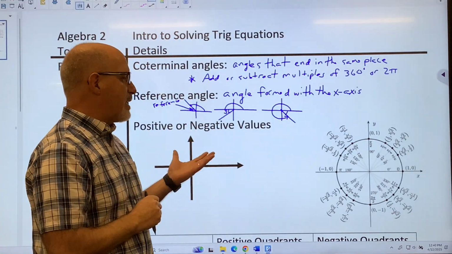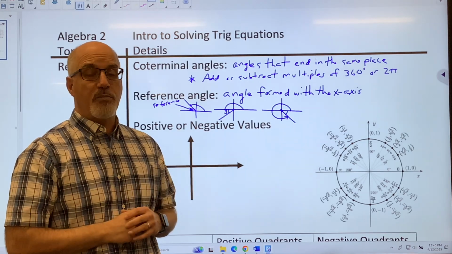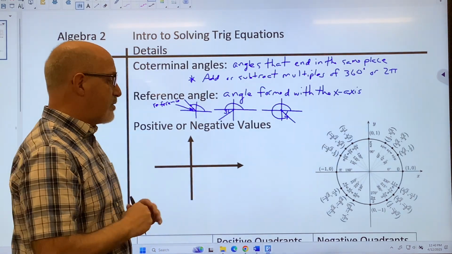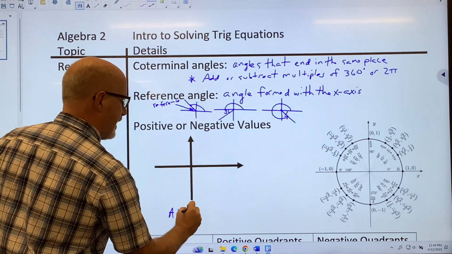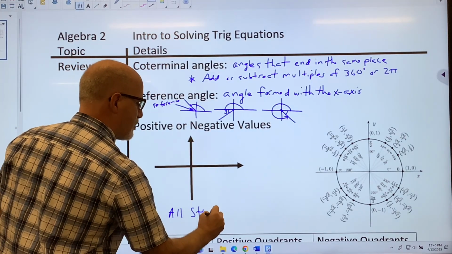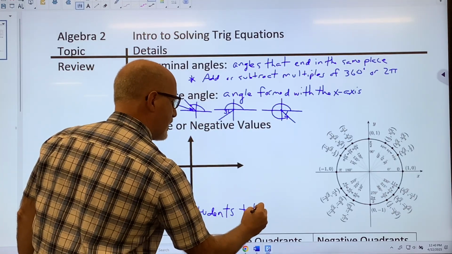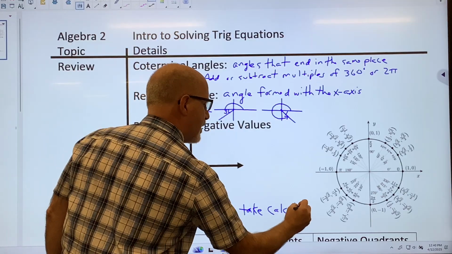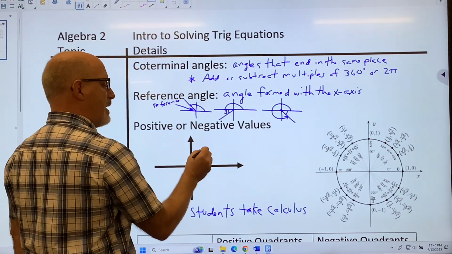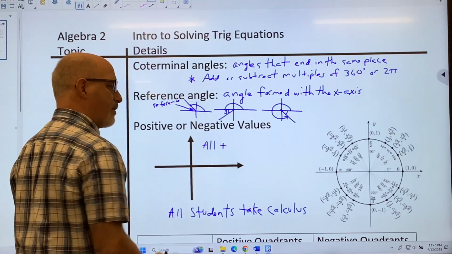All right, now positive or negative values. You've got to know when sine, cosine, and tangent are positive or negative. There's a phrase that we've used: All Students Take Calculus, to help us remember which quadrant is which. Now, this is the first quadrant. This is where all of them are positive, all trig functions.